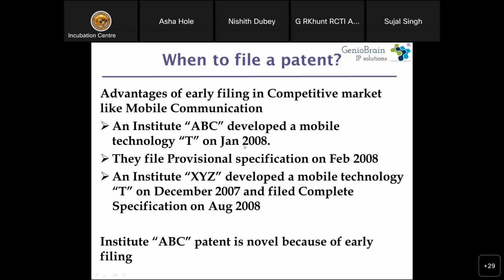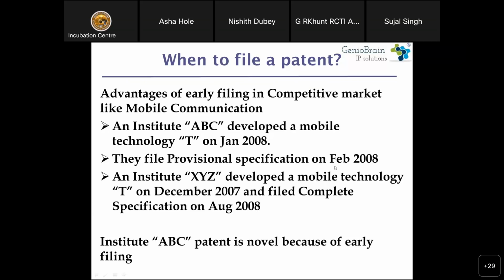See, ABC filed their application in early 2008, though it is a provisional. And the second institute filed their application in August 2008, though they are the earlier inventor. So XYZ is a true inventor because they invented earlier than ABC. But the mistake XYZ made was filing in August 2008, later than institute ABC.